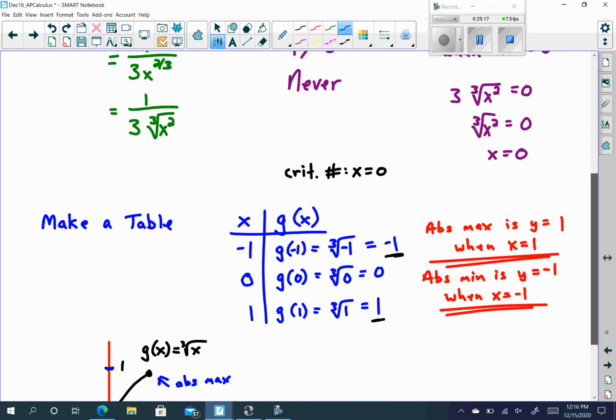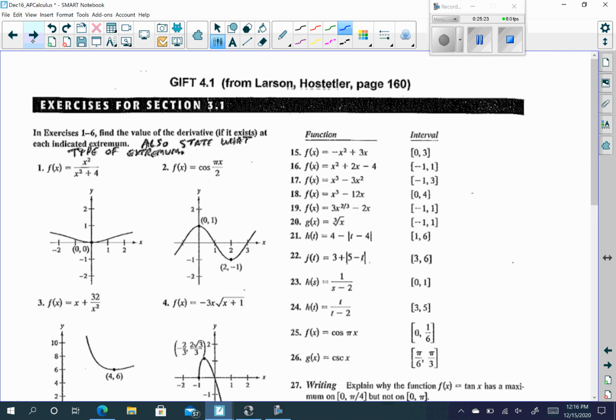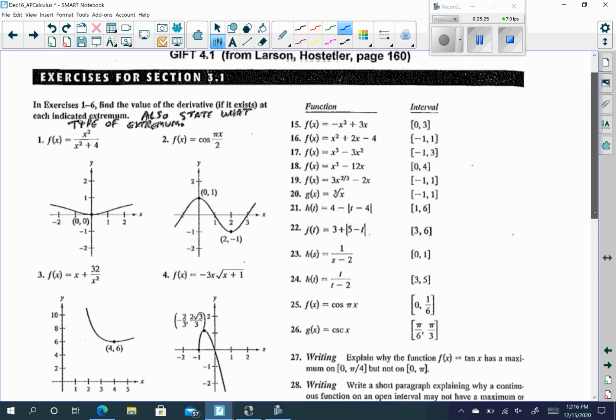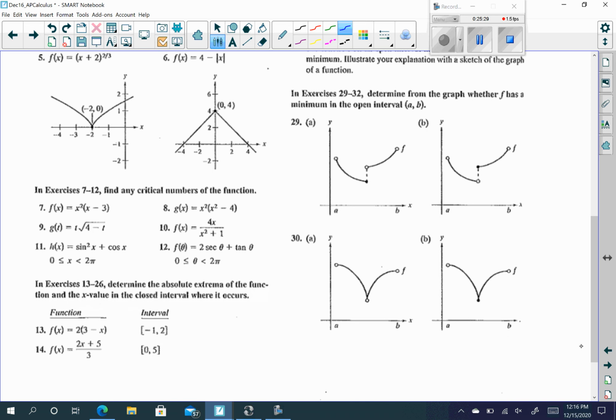You would want to say the absolute max is y equals this when x equals that. Notice they give you the closed intervals for all of these. So this is where you want to find the derivative, ask yourself 2 questions, create that table, and then answer in that statement for the absolute max and absolute min.